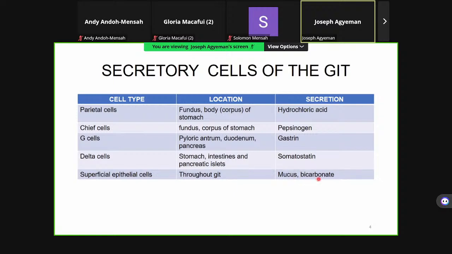Then again, the secretion of bicarbonate that is capable of neutralizing the harmful effects of HCl. So in connection to PUD, these are the main cells and their secretory products that are of importance.